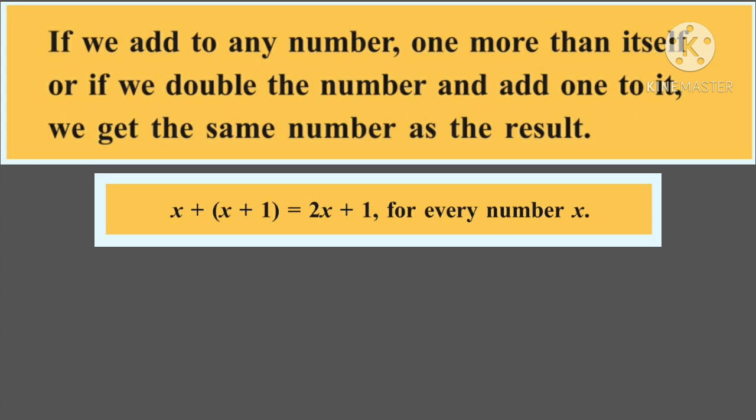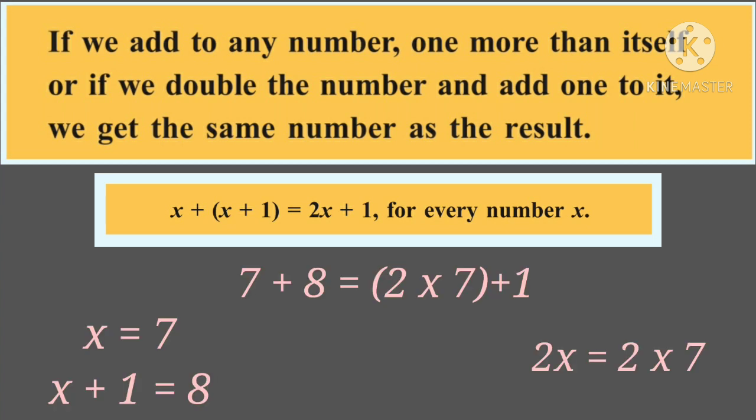Next, x doubled is written as 2x, and 1 added to this is 2x plus 1. So this general property we have discovered can be written as x plus x plus 1 is equal to 2x plus 1 for every number x.